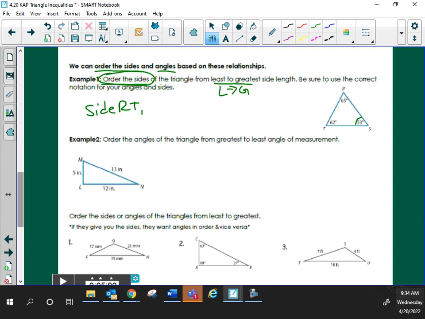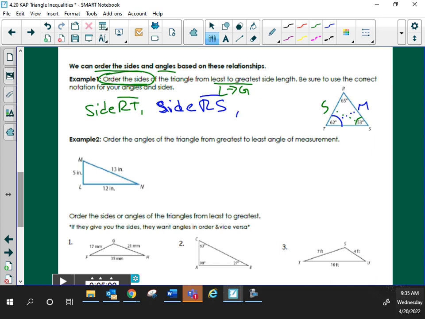Then that's going to be my longest. I always do a small, medium, large. You don't have to use small, medium, large; you can do 1 to 3. That's my shortest side. Which one's my medium angle? Angle T. So that controls RS, side RS.